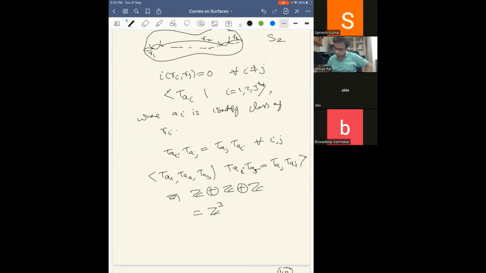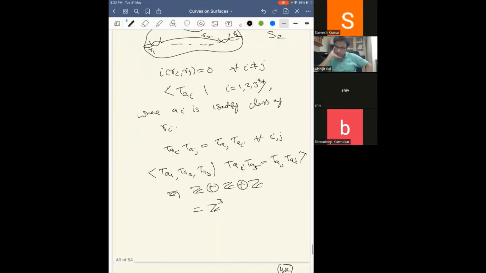I want to ask one thing. If the geometric intersection number is 0, then you have many conclusions. If that is 1, can you conclude something? I think it is a free group with 2 generators; that requires proof, and I think the ping pong lemma is used there.